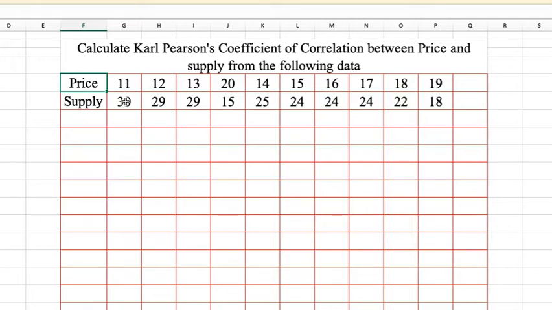In Stata, I am going to plot both these variables, price and supply, against each other, and then I will show you how the scatter plot looks.